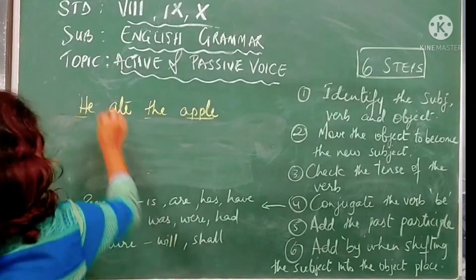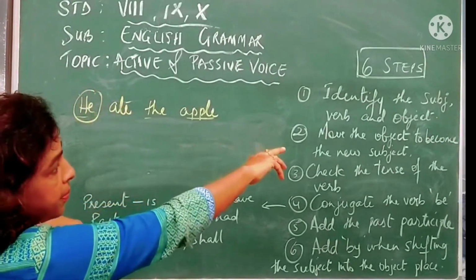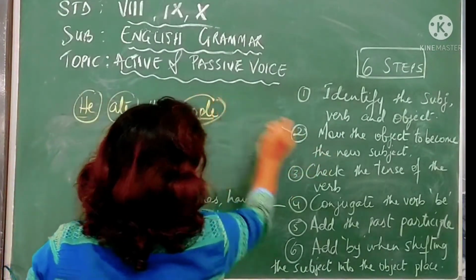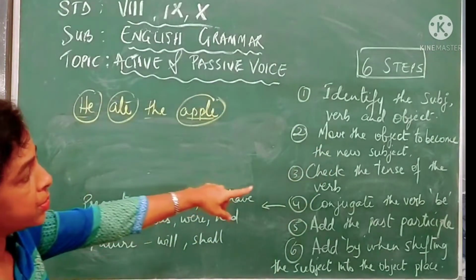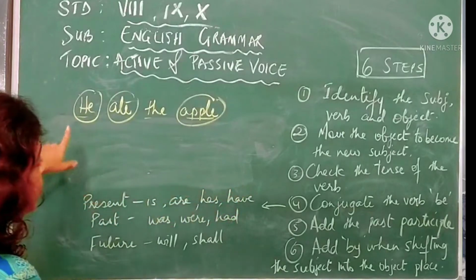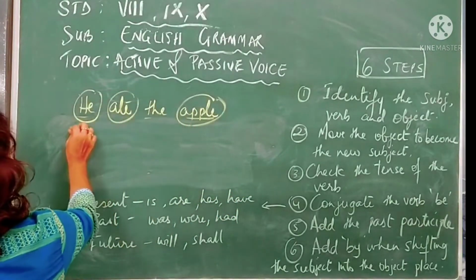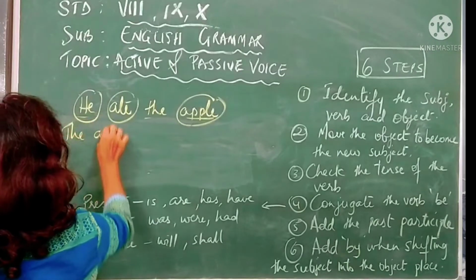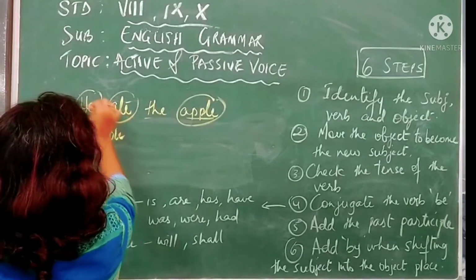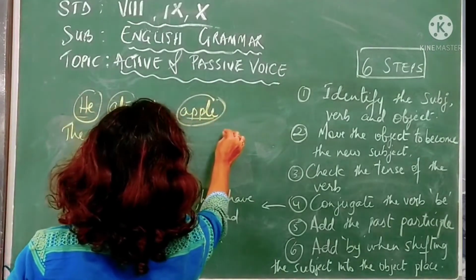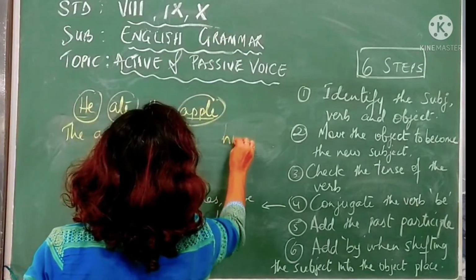The subject is he, the verb is ate and the object is apple. The second step, move the object to become the new subject. The apple has to come here. So I will say the apple, and this subject has to come at the end and become the object. So it will become him.